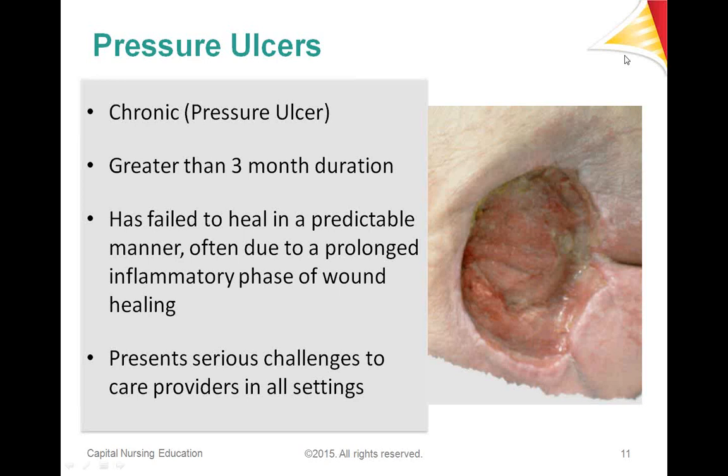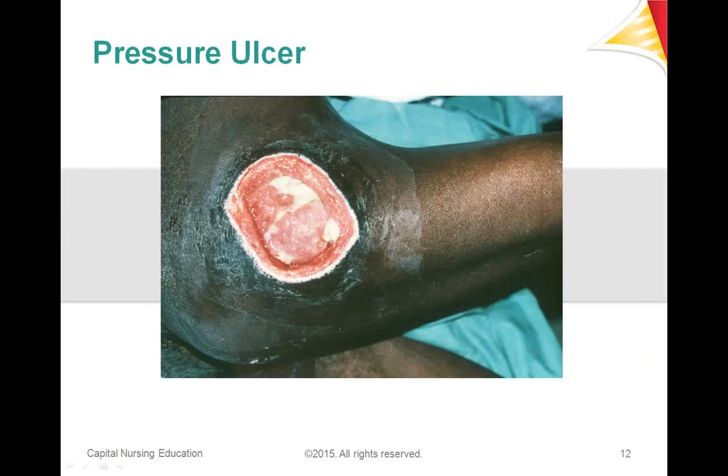So you can see when you look at this wound that it's very large. It is chronic. It's been there for a long time, and these do present serious challenges to healthcare providers in every setting. It's not difficult to see here that this, again, is a very large stage 4 pressure ulcer located on the trochanter of this gentleman.